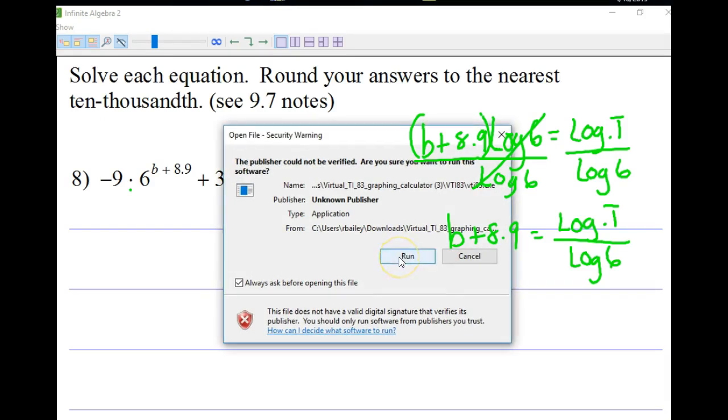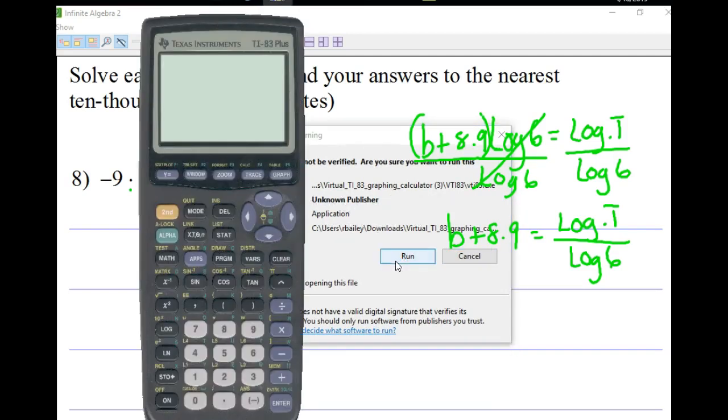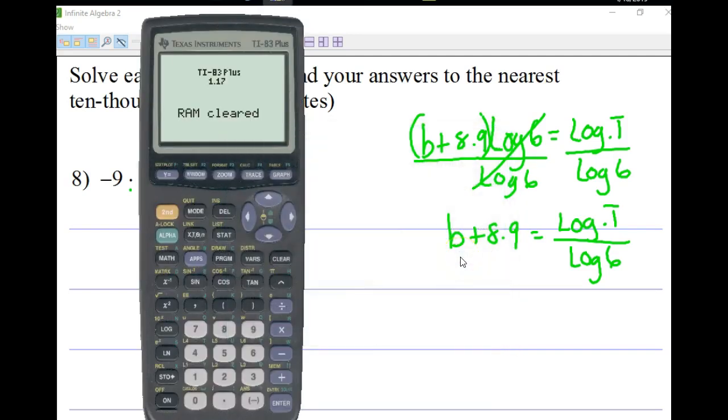Open up my calculator real quick. All right, so we're going to do log of 0.1. Now I'm going to put 0.1 a few times because it actually just keeps repeating. Divided by log of 6 equals -1.226. 3 decimals is probably good enough.